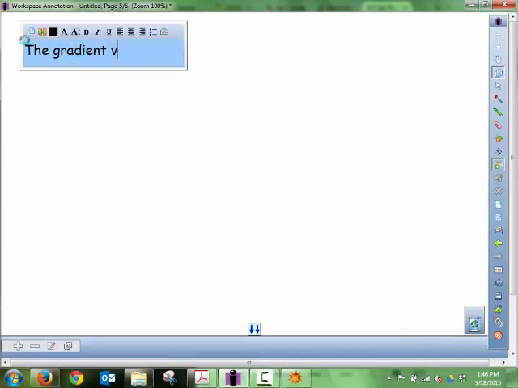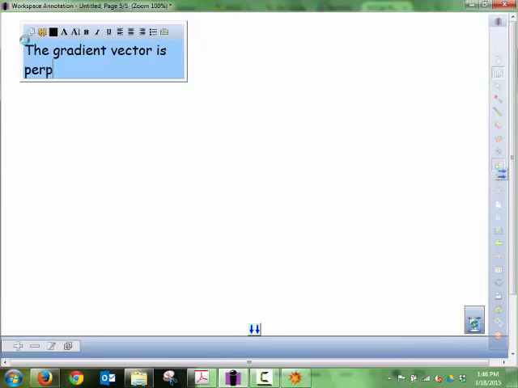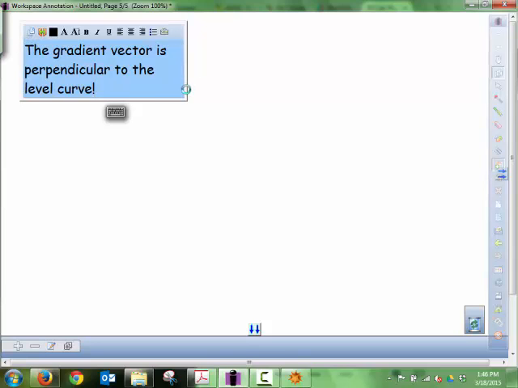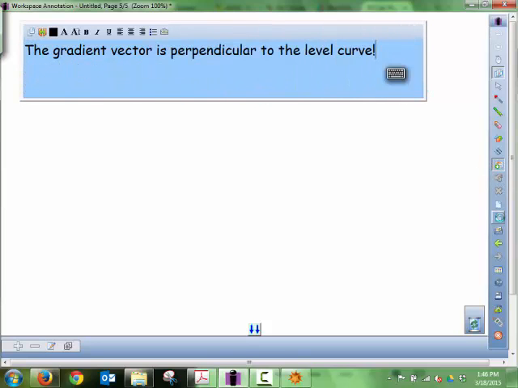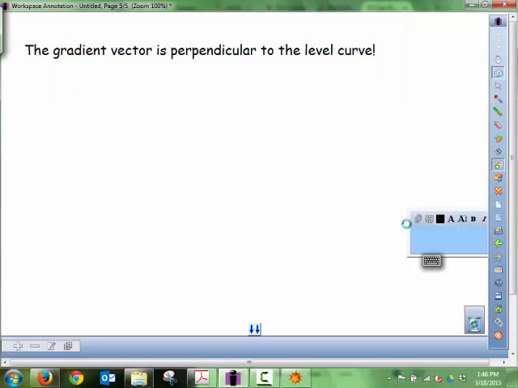The gradient vector is perpendicular to the level curve. So this is one of the big important properties for gradients, that it's perpendicular to a level curve. Okay?